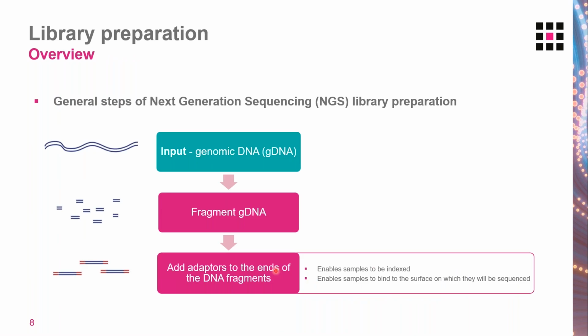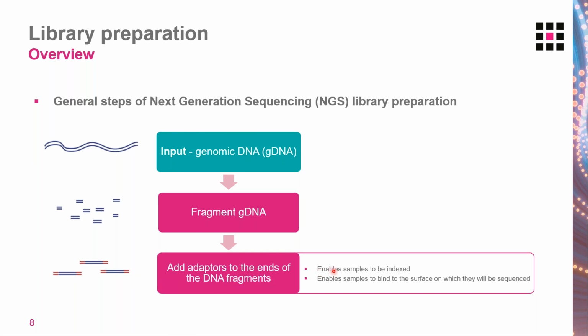Right, so I'm going to move on to talk about some of the work we've been doing on a specific library prep protocol. For those who aren't so familiar with this process, these are the steps which we are trying to achieve when conducting a library prep. So we start with our genomic DNA, we fragment that DNA, and then we add adapters to the ends of those fragments.